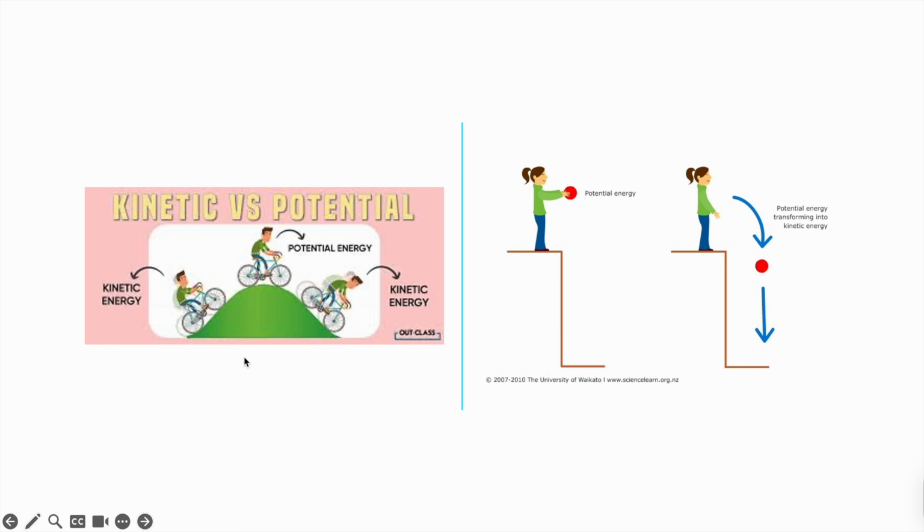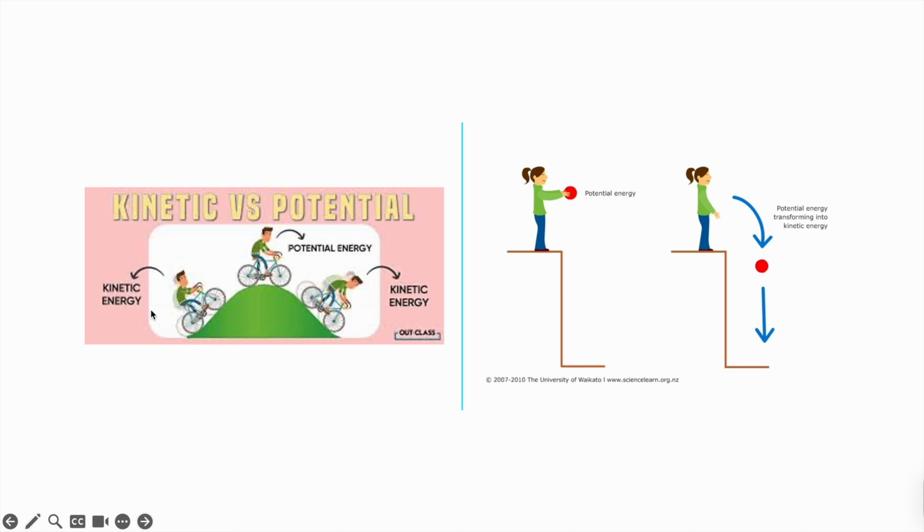Let's keep moving. Here we have kinetic versus potential energy. One thing to know is that kinetic energy is the energy of motion. That's when you're moving. Potential energy is not moving. This is pretty stationary, but it has, as the word implies, the potential to turn into motion. So potential energy is energy that is stored up.